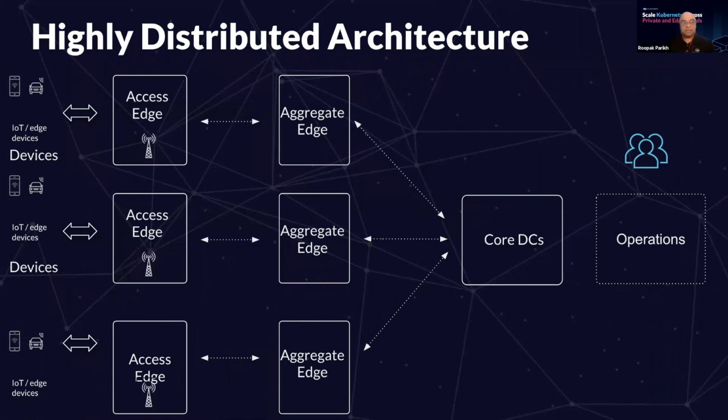So we are seeing this massive distributed architecture, specifically with the telcos, where they have things running in far edge location, in near edge, core data center, and cloud, and a mix of all of them, all working together. And then they have their operations teams really working to make sure of the service availability in all of these locations. So that's really the high-level picture of what the deployment looks like.